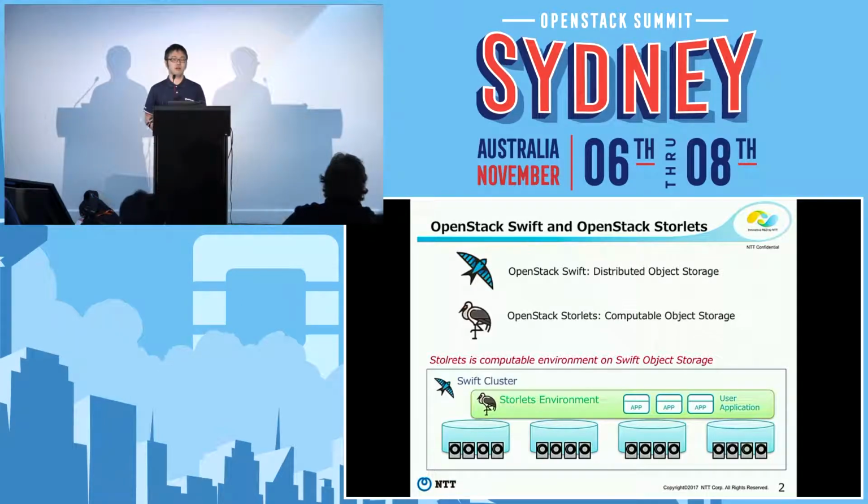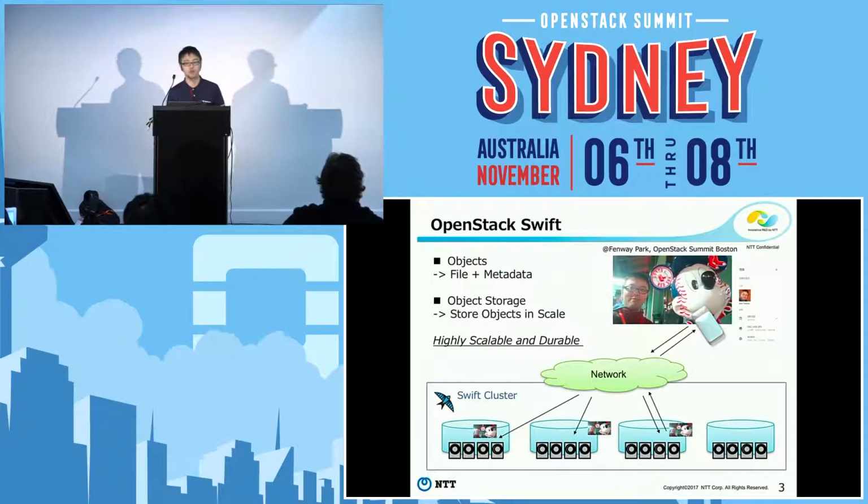The other is OpenStack Storlets, for creating a computing environment inside of the object storage. So you can deploy your application inside Swift, and you can modify and change your data locally. Let me describe more detail in the later slides.